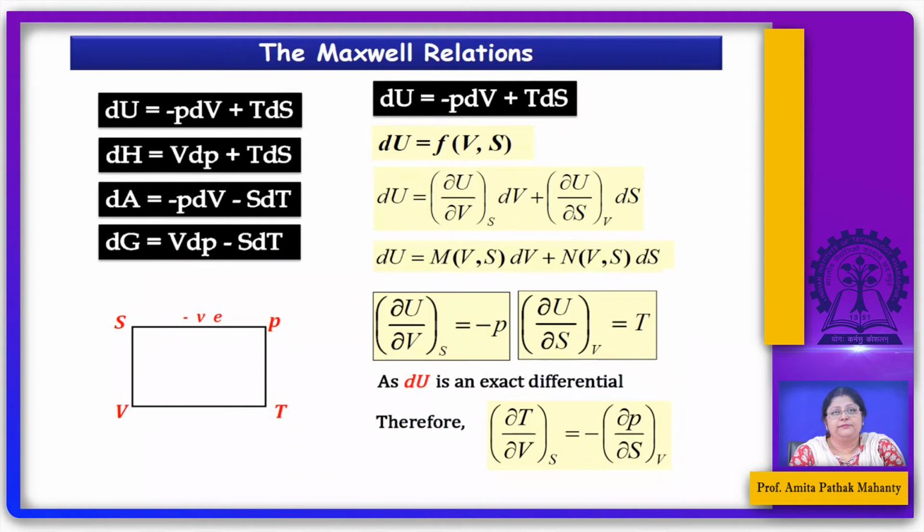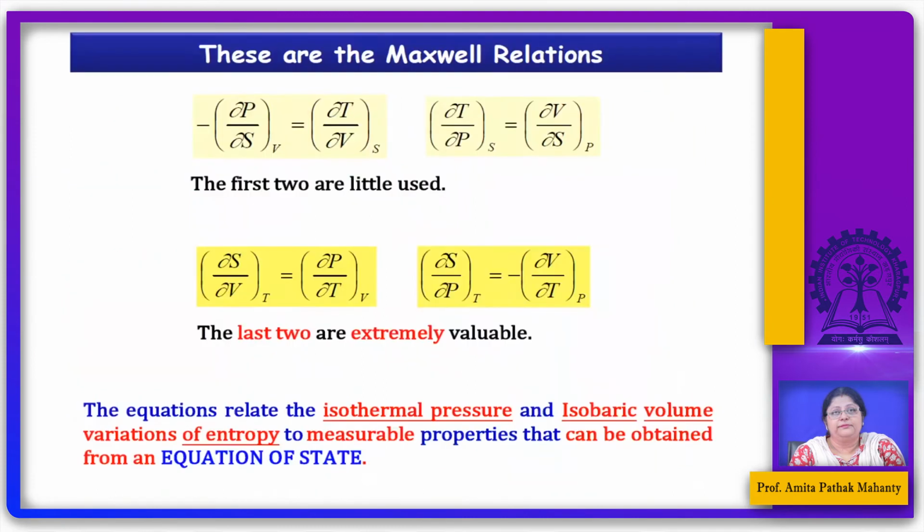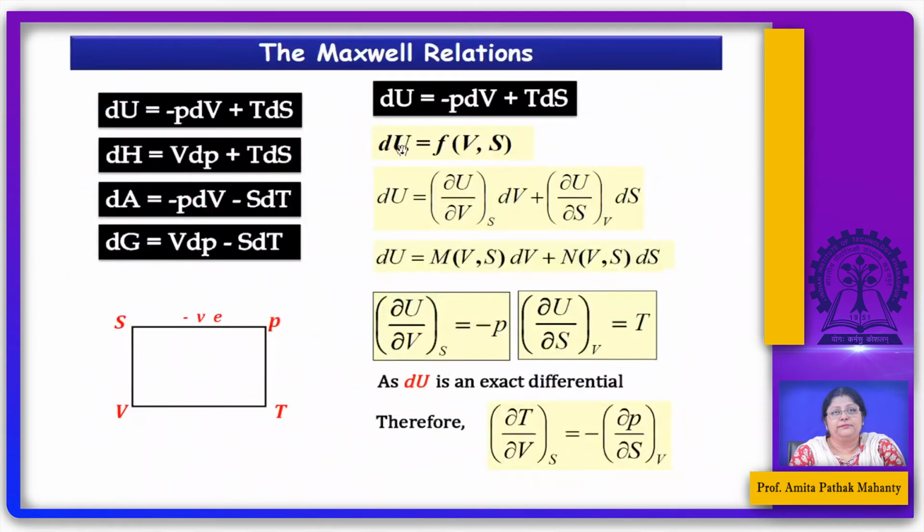If you remember the Maxwell's relation, compare it with the fundamental equation of U. According to that, if you compare this equation with this one, then M is minus P, and N is T. Then what can we write as the double differentials?